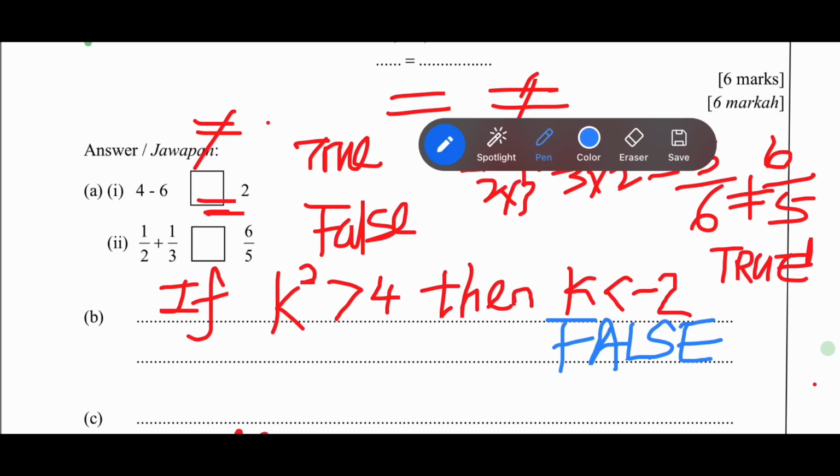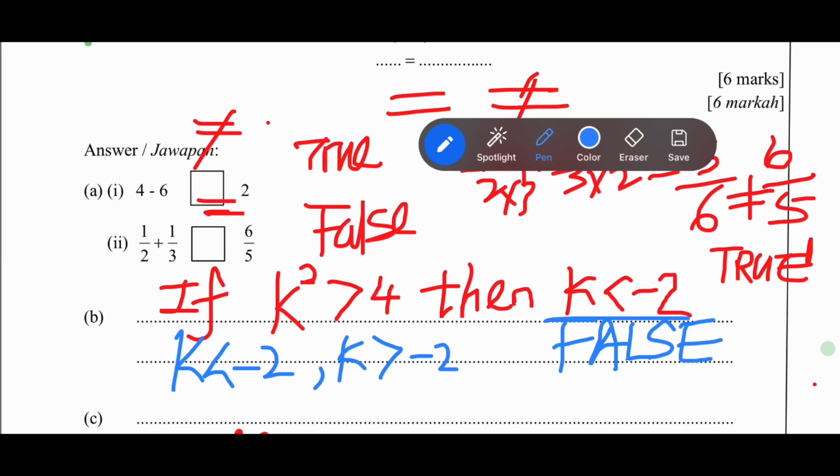So besides k less than negative 2, in fact k more than negative 2 also can be accepted. So for this one, the converse is false because k squared more than 4, then k should be less than negative 2 or k more than negative 2, right? You have two sides, isn't it?